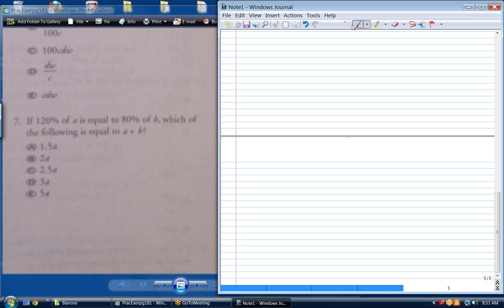Well, before we decide which method we're going to use, let's write out what that means. 1.2 of A equals 0.8 of B. And they want to know what A plus B is, but notice all the answers are in terms of A. So if we solve for B and substitute it, we'll get the answer. So algebraically, might not be so hard here.